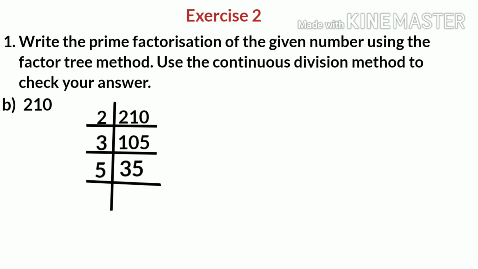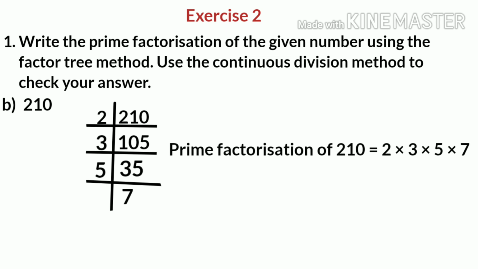And when we divide 35 by 5, we get 7 as the quotient. Now since the quotient is a prime number, we can stop the division. So the prime factorization of 210 is 2 multiplied by 3 multiplied by 5 multiplied by 7. And it is the same as the prime factorization that we got by using the factor tree method. So our answer is correct.